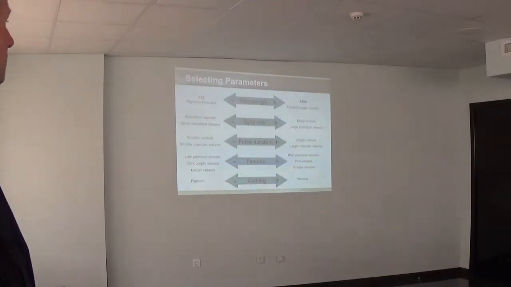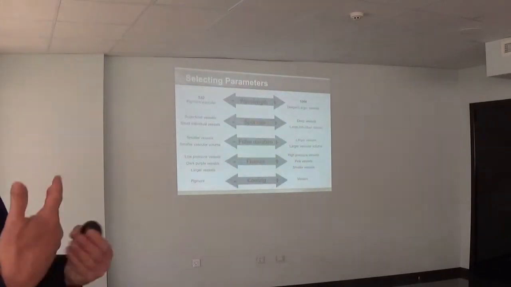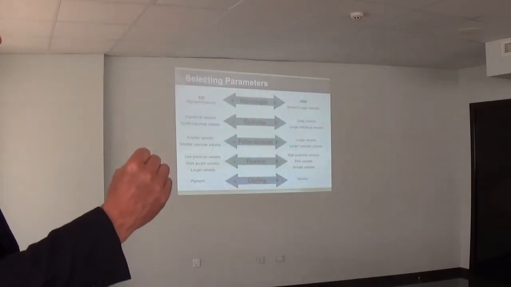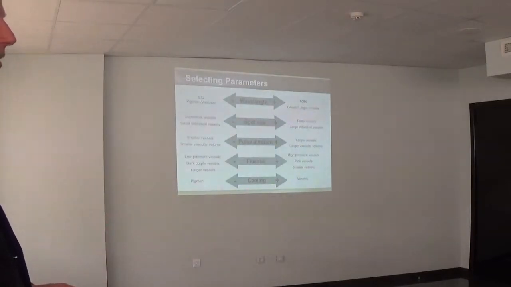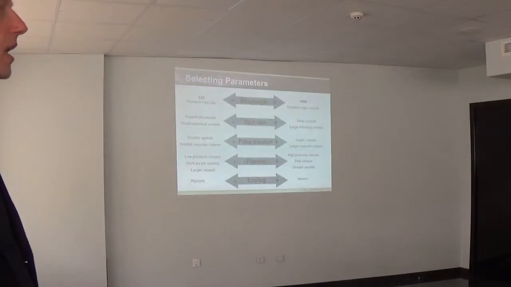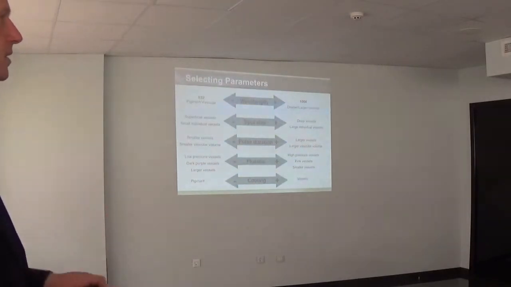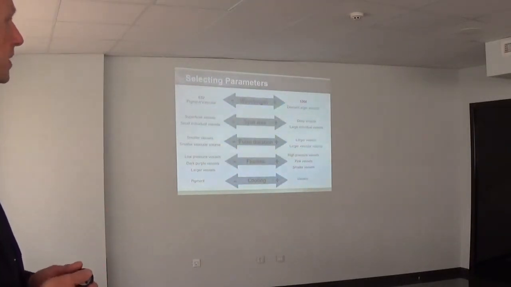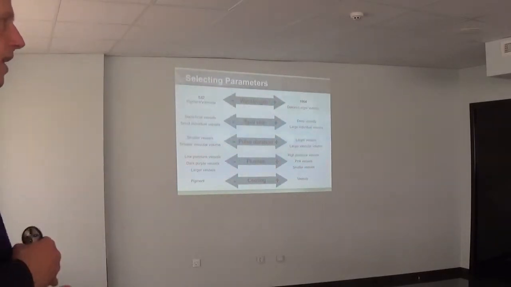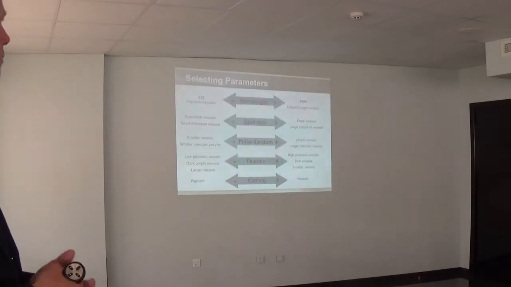The pulse duration we need to adapt to what we call the thermal relaxation time. It's the time needed for a vascular structure to cool down again. Once we raise it to a certain temperature, it takes some time to cool down. That's the thermal relaxation time, and we need to adapt our pulse duration to that size and to that thermal relaxation time.